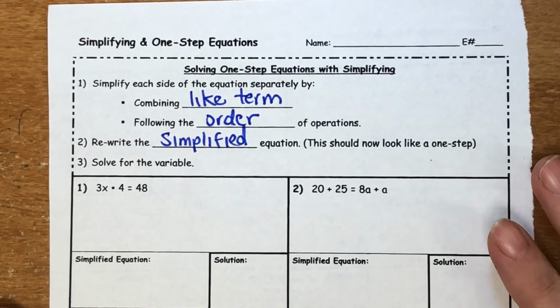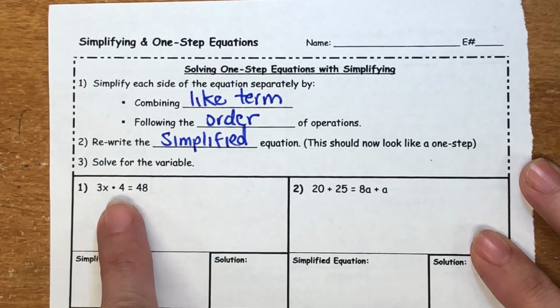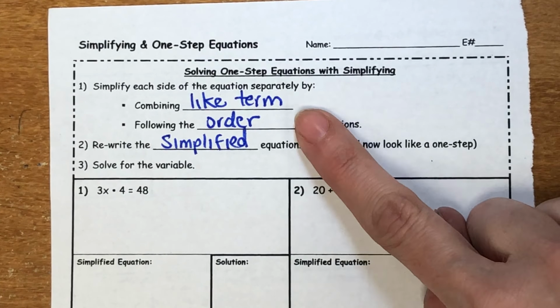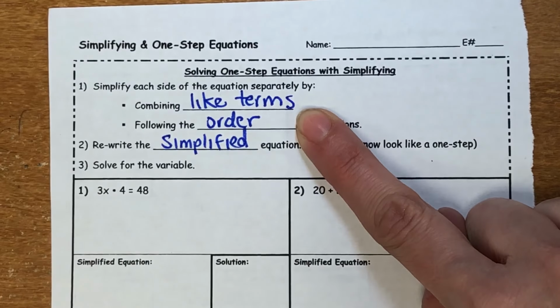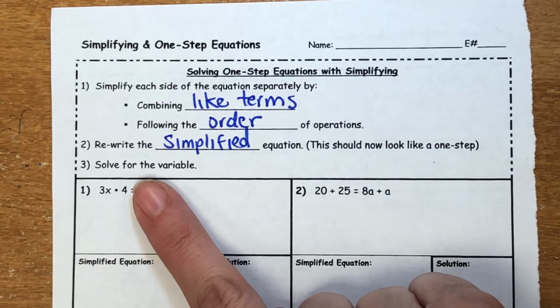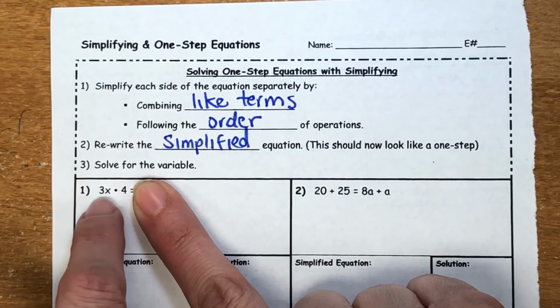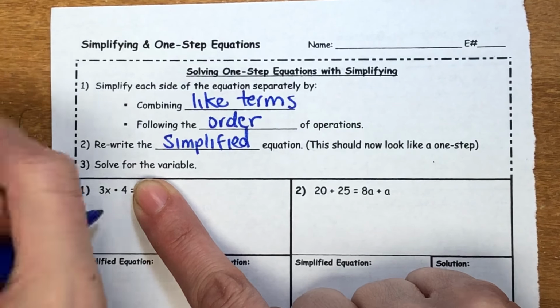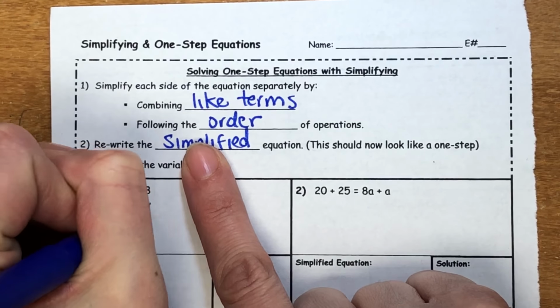So let's take a look at number one. I've got 3x times 4 equals 48. So the first thing I want to do is combine like terms. Over here I can do 3x times 4. So 3x times 4, I can simplify that as 12x.